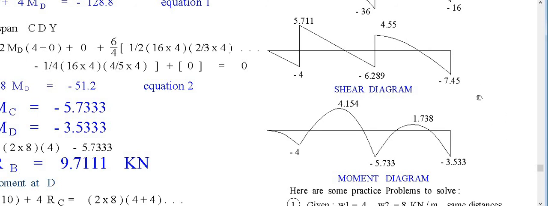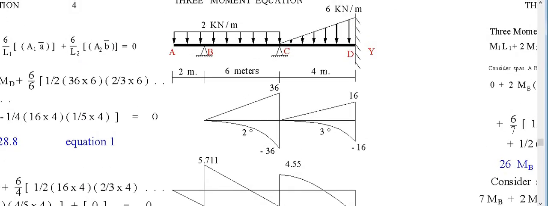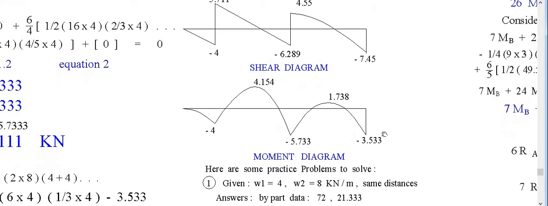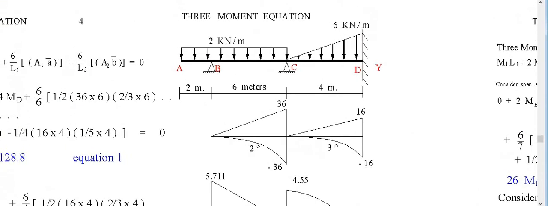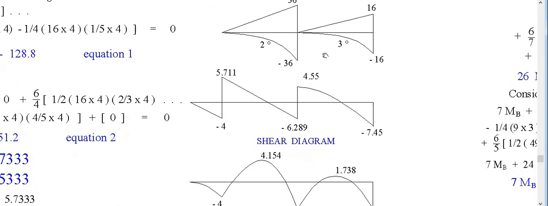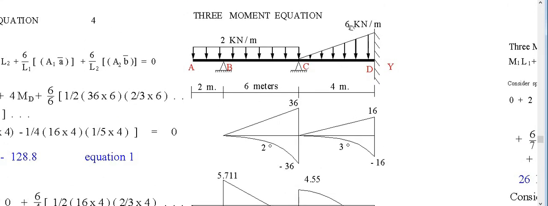That concludes the discussion on how to solve this beam. Now for you to practice, I have here example problem. Replace W1 by 4. Instead of 2, you replace this by 4, and instead of the other one, replace this 6 into 8.